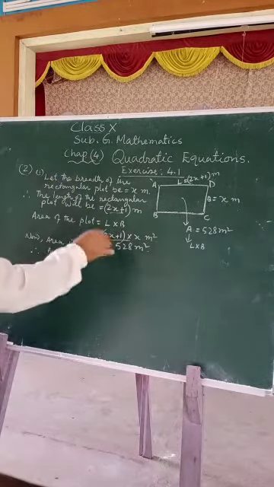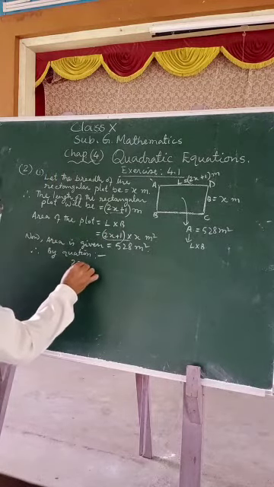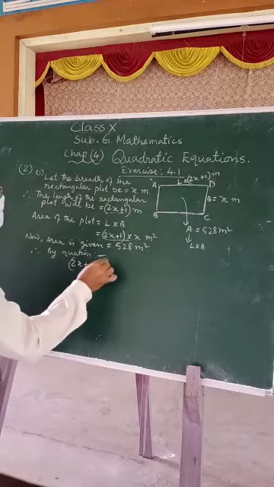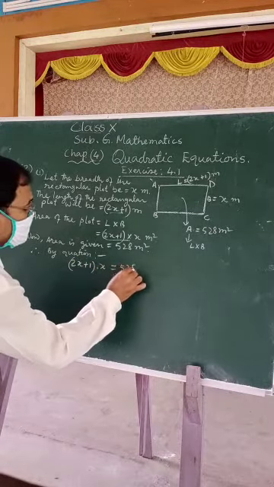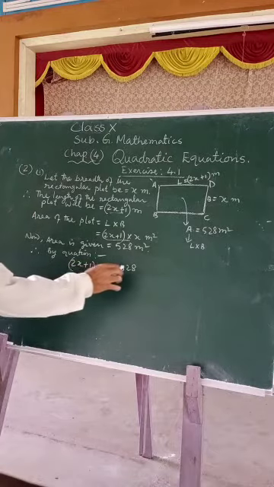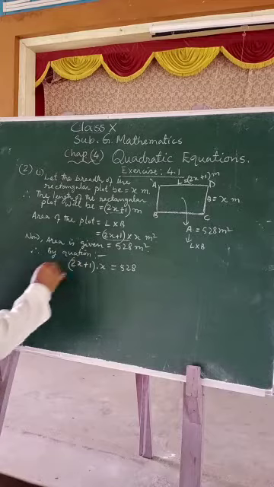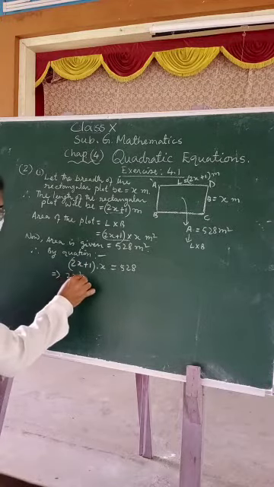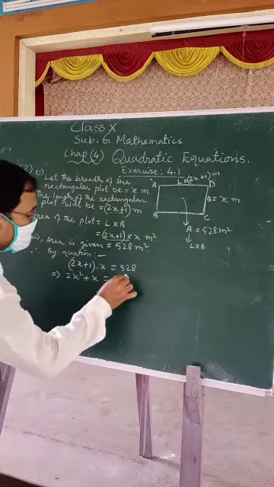So we can write twice x plus 1 into x equal to 528. We multiply: twice x square plus x equal to 528.